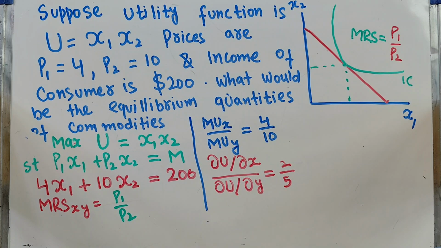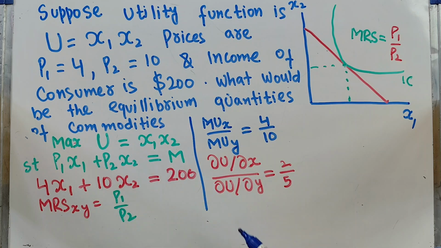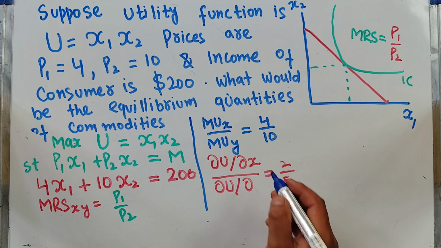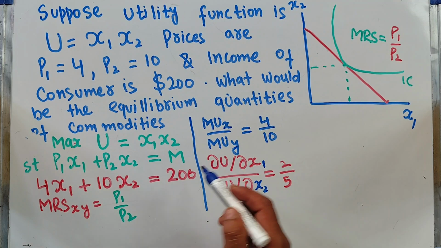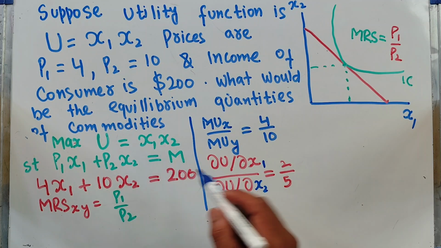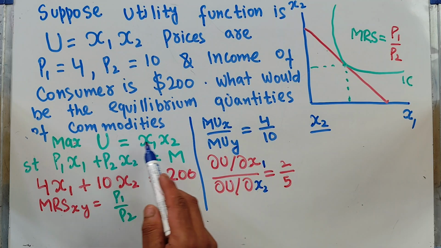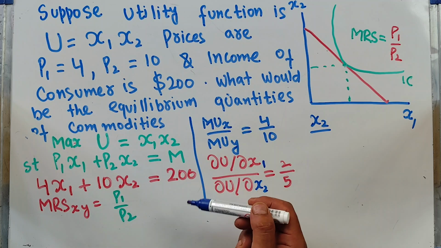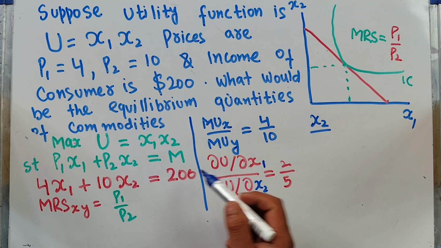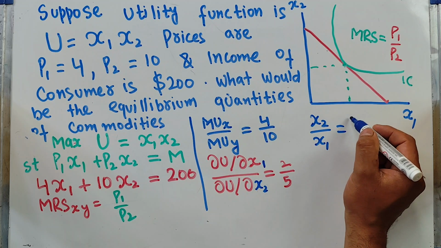Solving this, du upon dx means the partial derivative of the utility function. We have here x1 and x2, so the derivative of x1 is 1. We are left with x2, that is the partial derivative of this function with respect to x1, and the partial derivative with respect to x2 gives us x1 only, which should be equal to 2 upon 5.